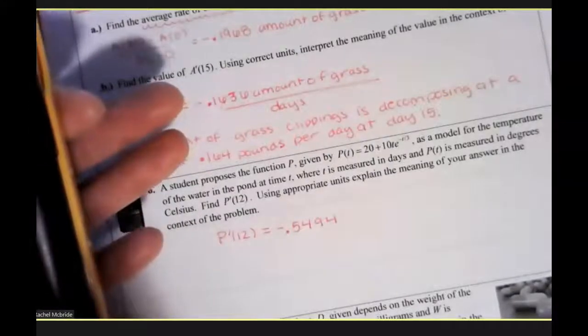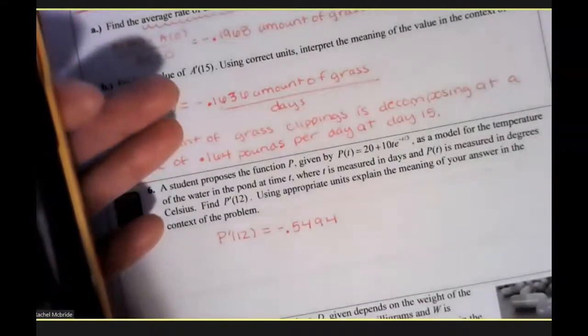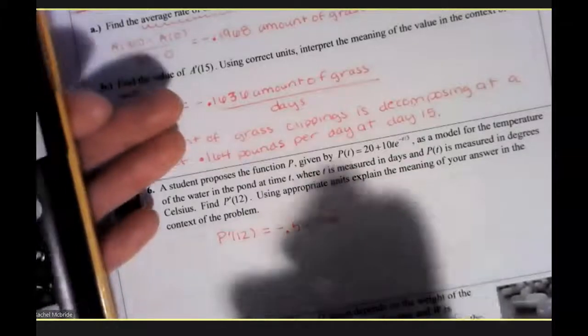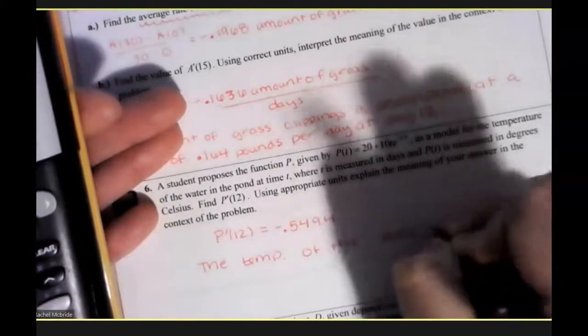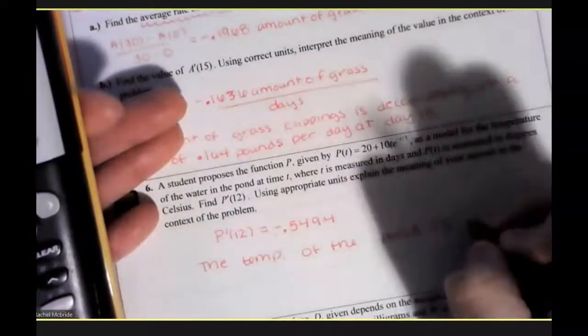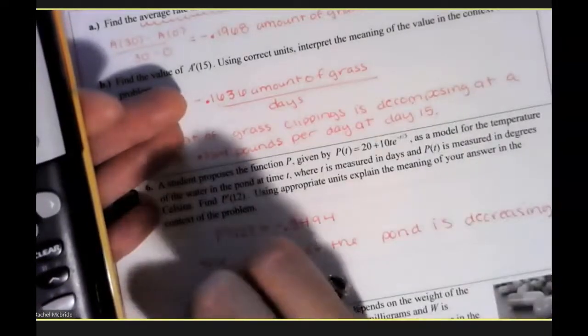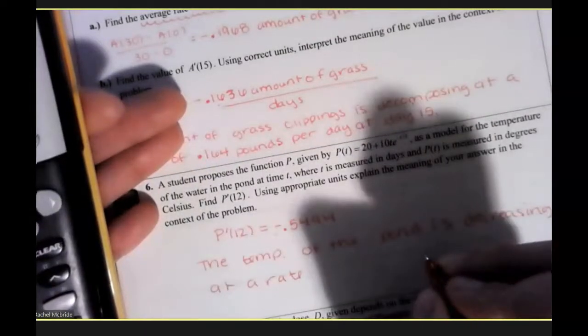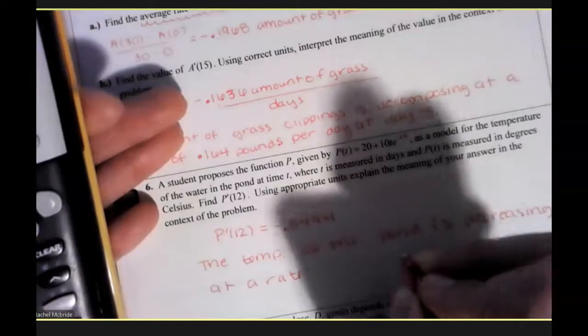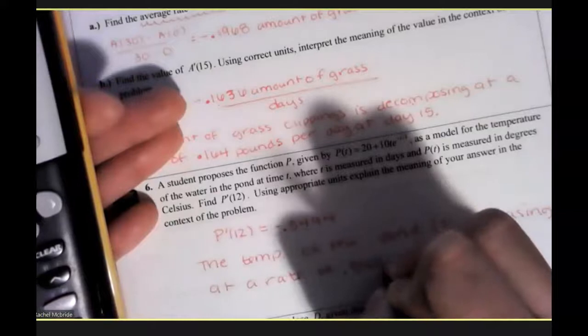And then explaining that in terms of our problem. So what that means is the temperature of the pond is, and the negative tells me decreasing at a rate, because it's a derivative, of 0.549.